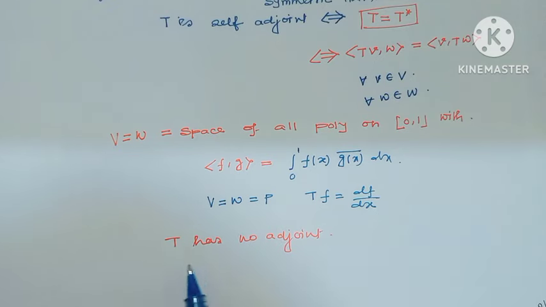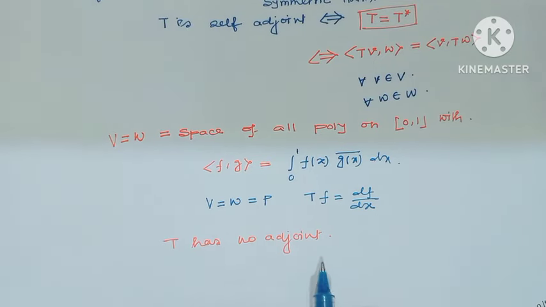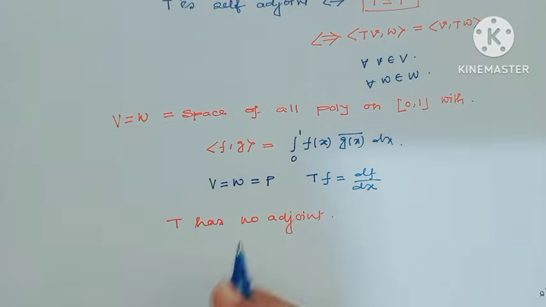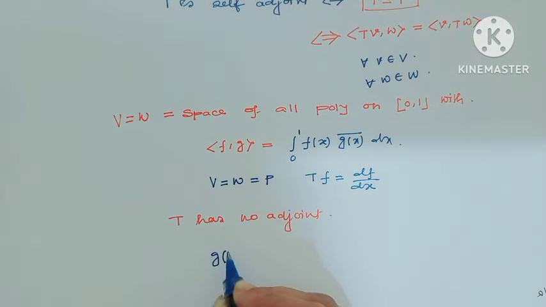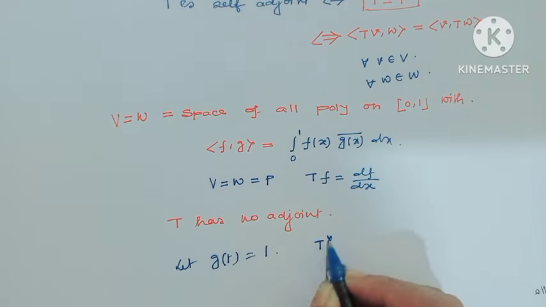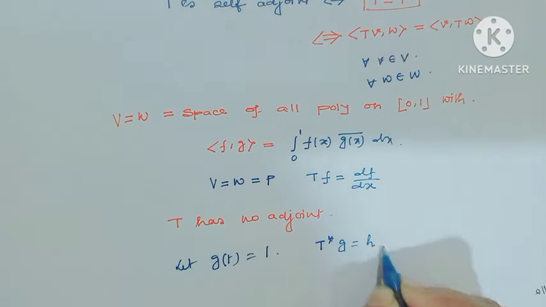I will say T has no adjoint. Let g(t) equal 1 and T star g equal to h.